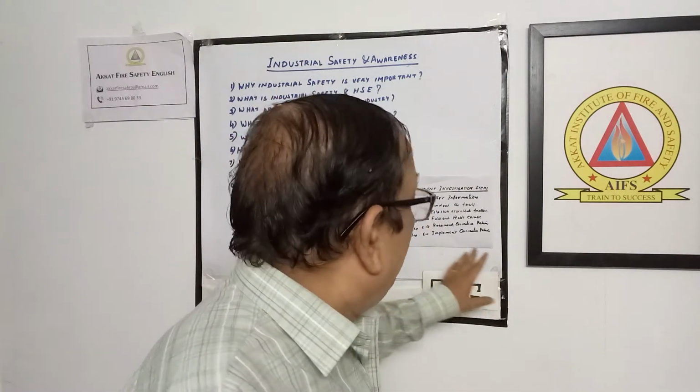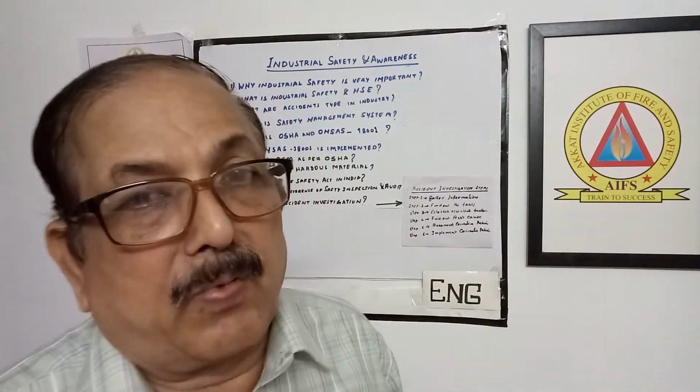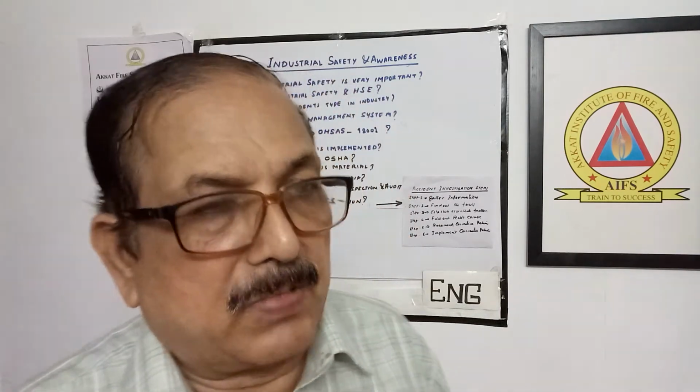The sixth step is to implement the corrective action. Whatever the points are, you have to implement them in a practical way. So these are the steps of accident investigation.